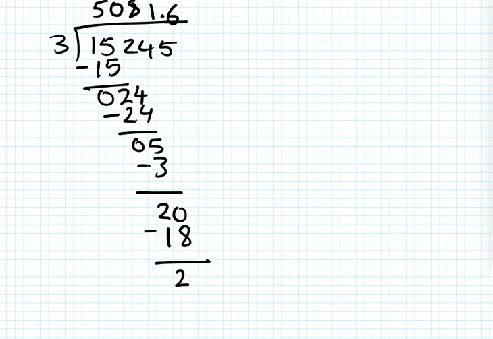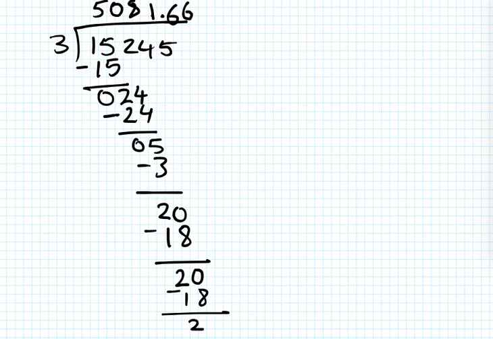Again, because we've put down a decimal point, we can drop down another 0, and we've got no more numbers left to drop down from this number. So again, the same story. Say 3 times table till you get to a number that's closer to 20, which will be 6, right? So 6 times 3 is 18. So subtract it, and you're left with 2.